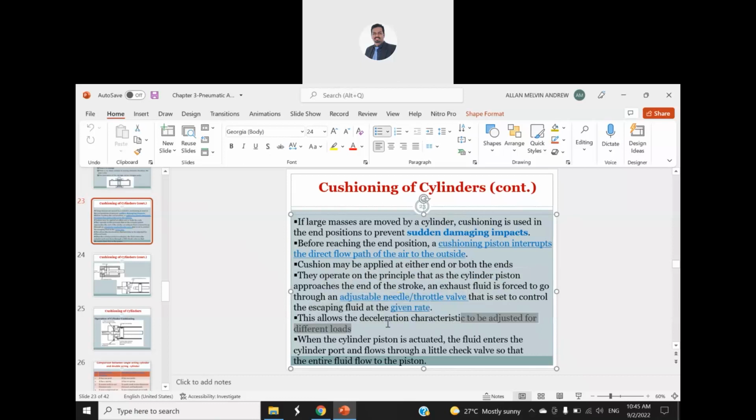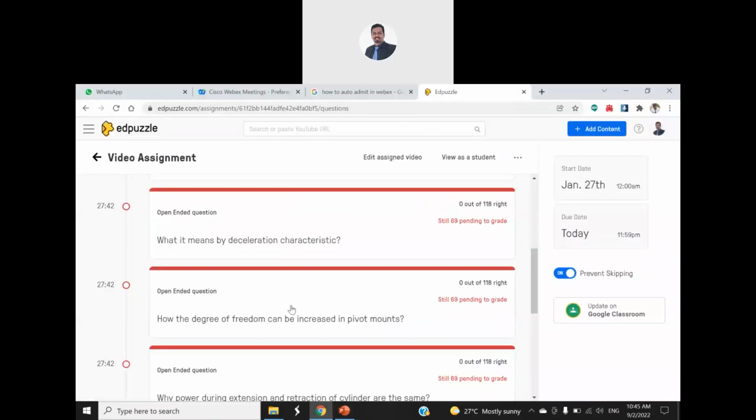So deceleration characteristic for cushioning is the flow rate. So whatever characters or parameters that help you to decelerate. Okay. Do you understand? Any further questions?